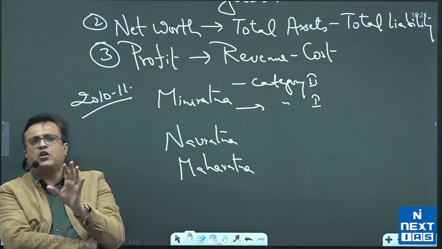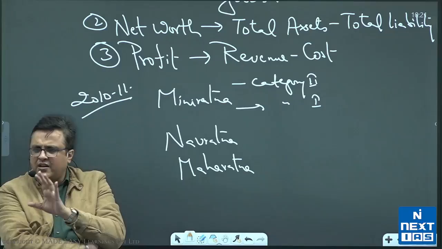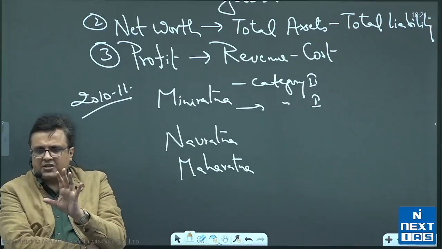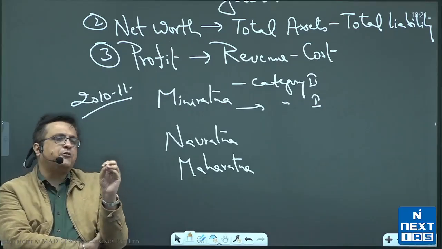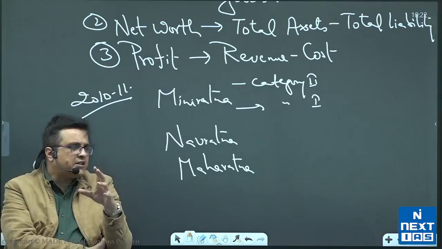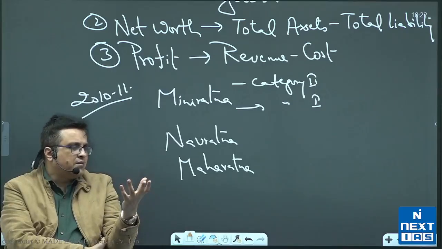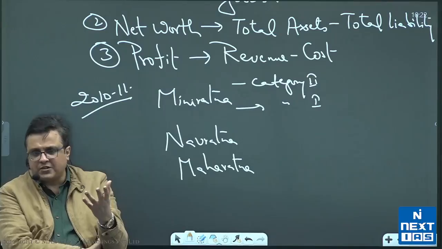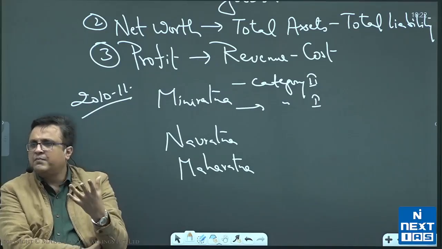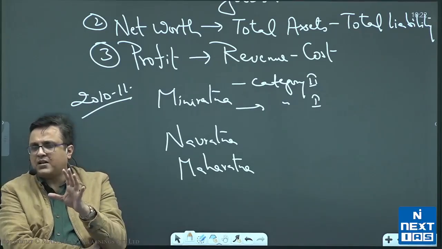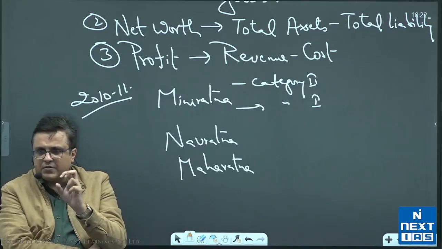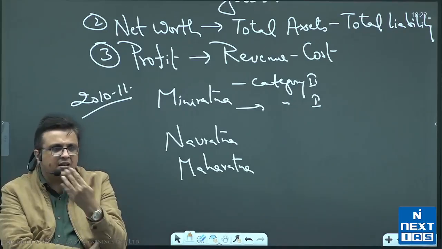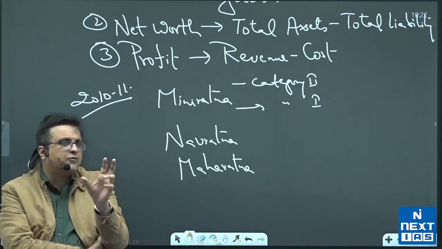Now, I'm deliberately not making you write these criteria. It's there in your book, so I'm avoiding duplication. But criteria is like profit earned by the firm, wage expenditure done by the firm, the profit after tax by the firm, earnings per share of the firm. All right, these are the criteria based on which government values them. The Ministry of Finance ranks them, gives them points on their performance.